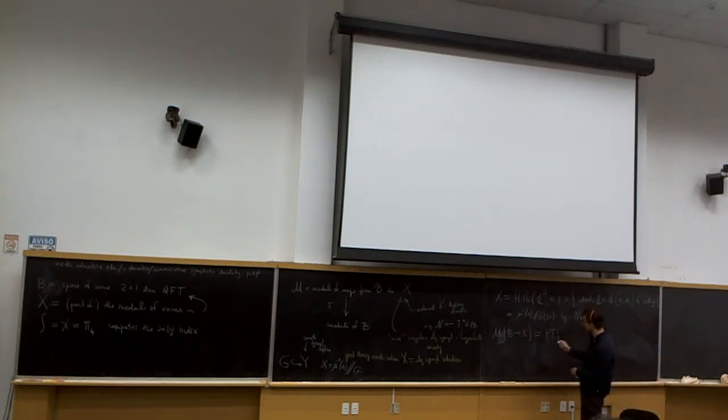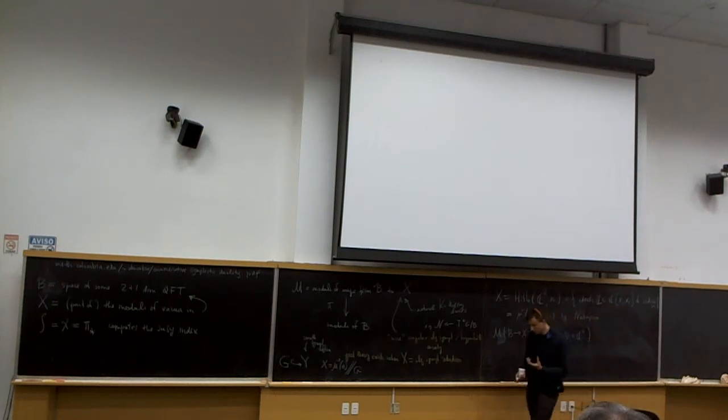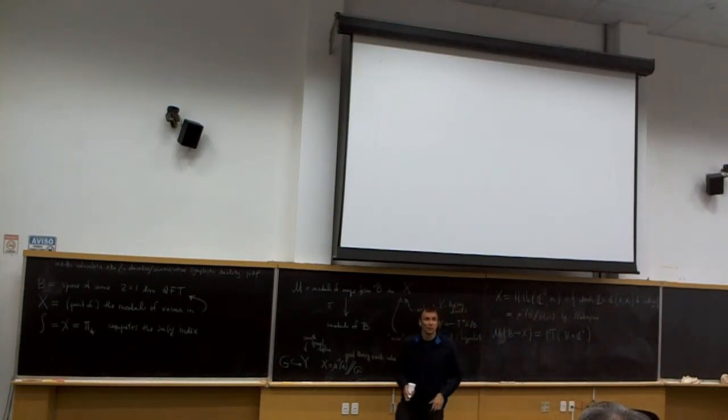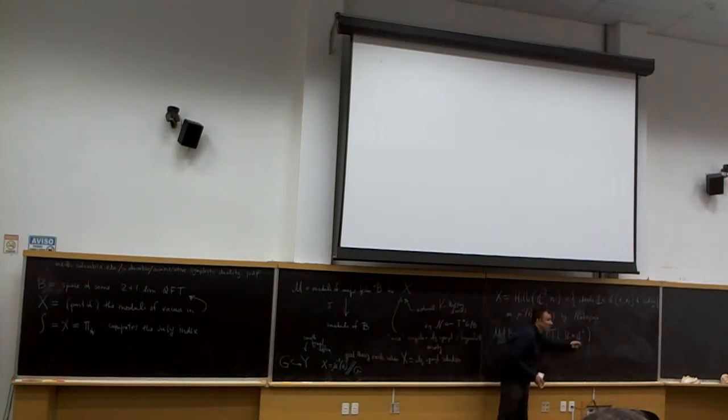This counts sheaves on a threefold of the form B cross C2. It's a threefold. And so this kind of computation is really what we're computing: a K-theoretic Donaldson-Thomas count of this threefold here.